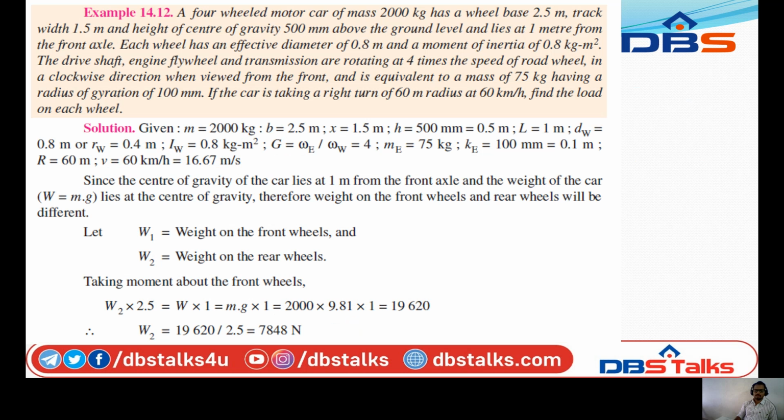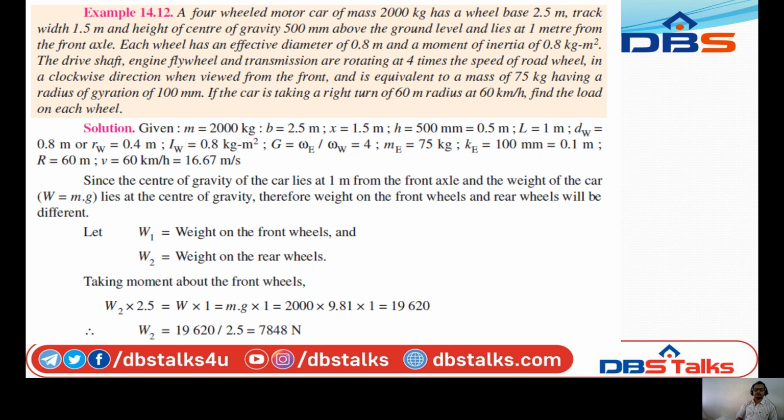And here there is a problem for consideration. A four-wheeled motor car of mass 2000 kg has a wheelbase of 2.5 meters, and the track, meaning the gap between the front two wheels or back two wheels.